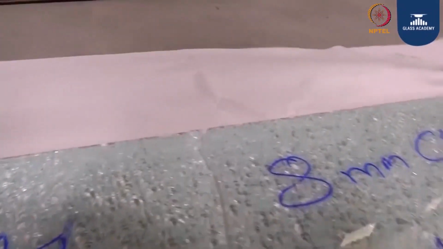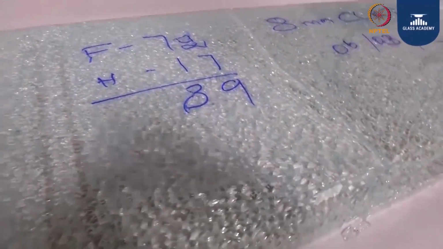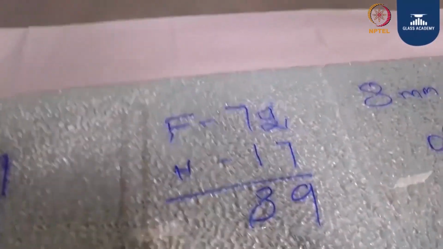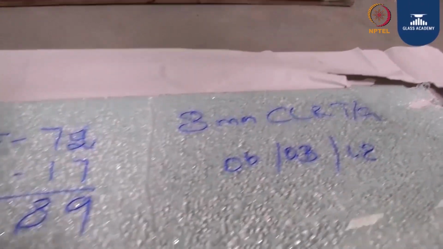For an 8 mm clear glass, if I count the particles, it should be minimum 40 particles. In this particular sample, we have got 89 particles. So through the breakage pattern, we can tell whether it is an annealed glass, a HS glass or a toughened glass.